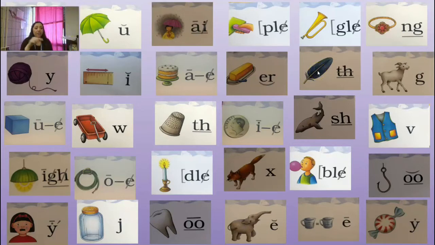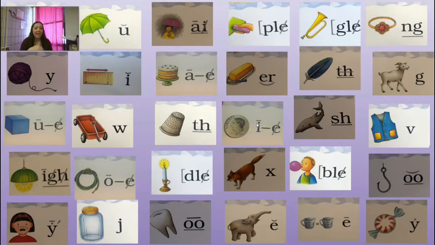butter, combination ER, feather, v. Digraph th. Goat, g. G, very good. Cube, u. U consonant e. Wagon, w. W. Thimble, digraph th.